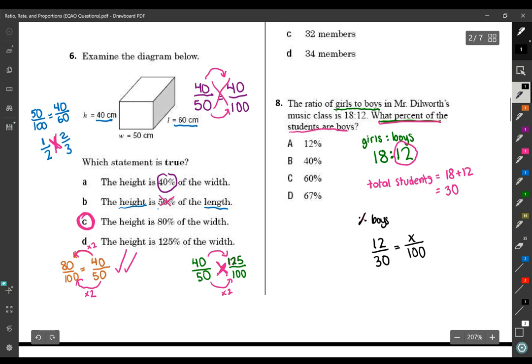Remember, percent is over 100. So again, all we have to do is solve for x. Multiply both sides of the equation by 100, and you are going to get an answer of 40%. So 40% of the students in Mr. Dilworth's music class are boys.